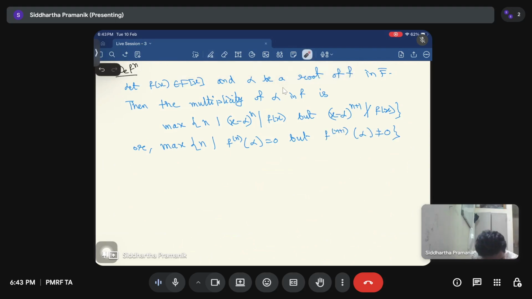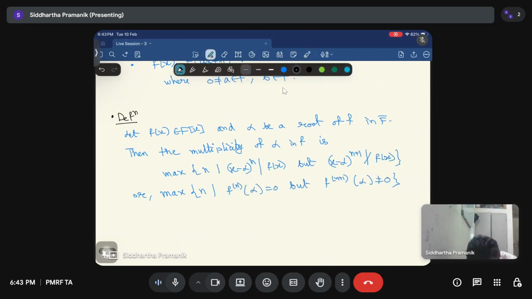So alpha is a root of the nth derivative, but not of the (n plus 1)th derivative. So these two are equivalent. So alpha can be a root up to m times, right? That number is the multiplicity of the root. And if the multiplicity is 1, then it is a simple root.